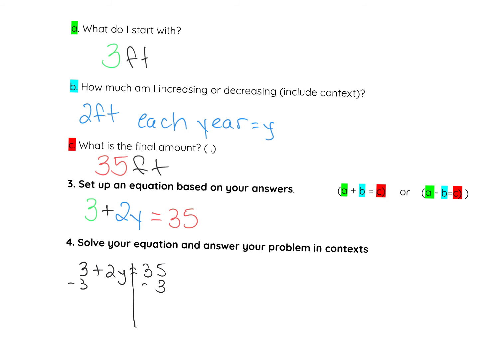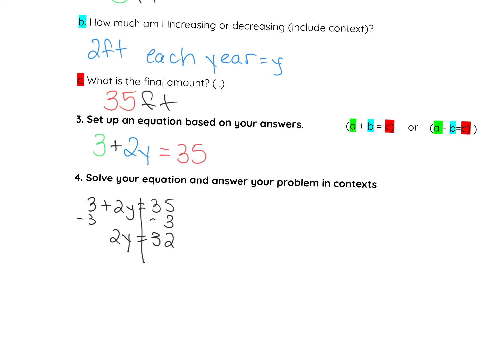So I need to do the opposite if it's positive, and that means I subtract 3 from both sides. And now over here, I'm left with 2y is equal to 32. And then my last step is I'm going to divide both sides by 2. Divide by 2, divide by 2, and I'm left with y is equal to 16.